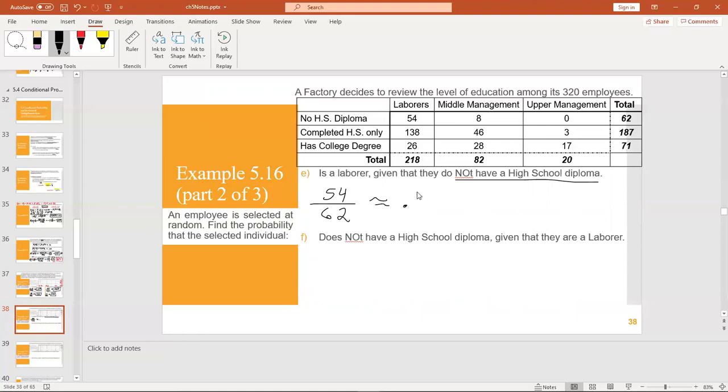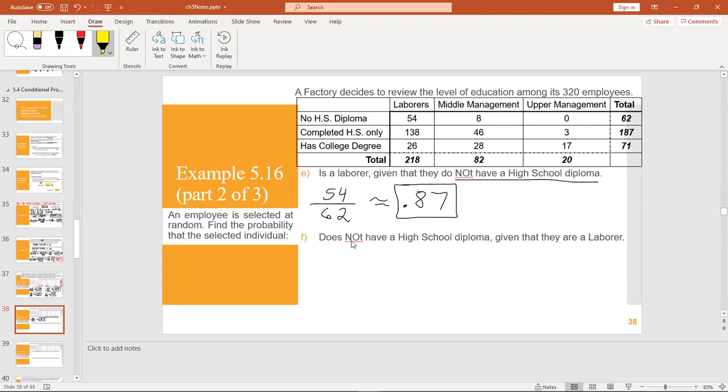So if you know an employee does not have a high school diploma, there is an 87% chance that they are a laborer. It's very likely that if you know the person doesn't have a diploma, they are going to be a laborer.